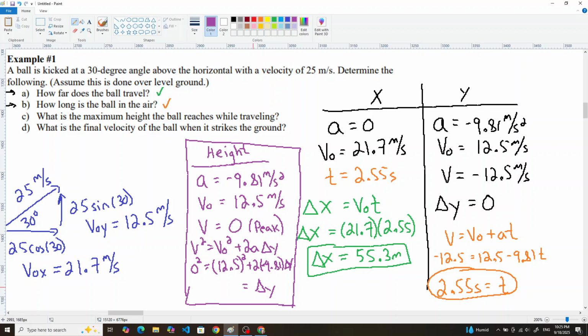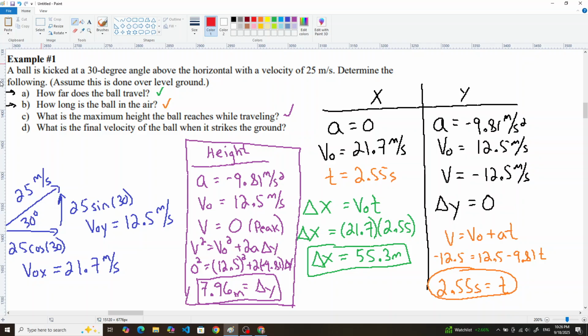So the velocity at the peak is whatever the x component is. Now you'll see that I have used 0 for this because I'm only using information regarding the y. Now I have 7.96 meters for my height after running through the algebra and calculations. So that answers question C.